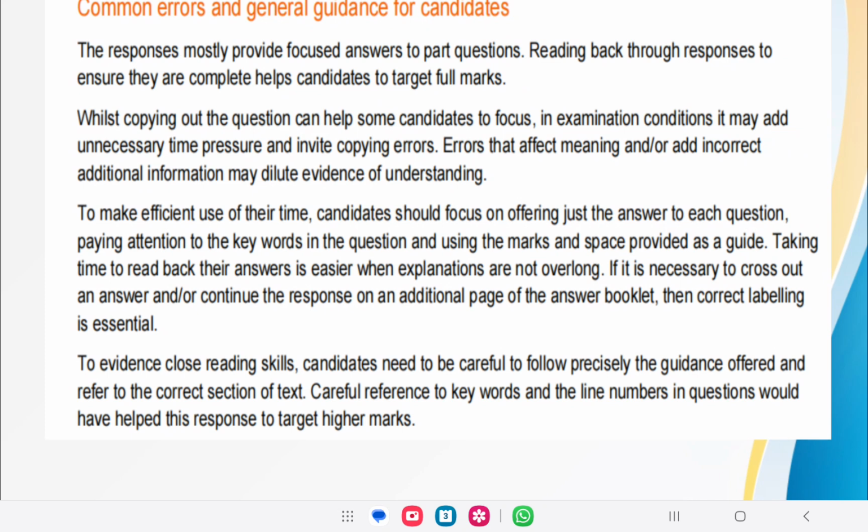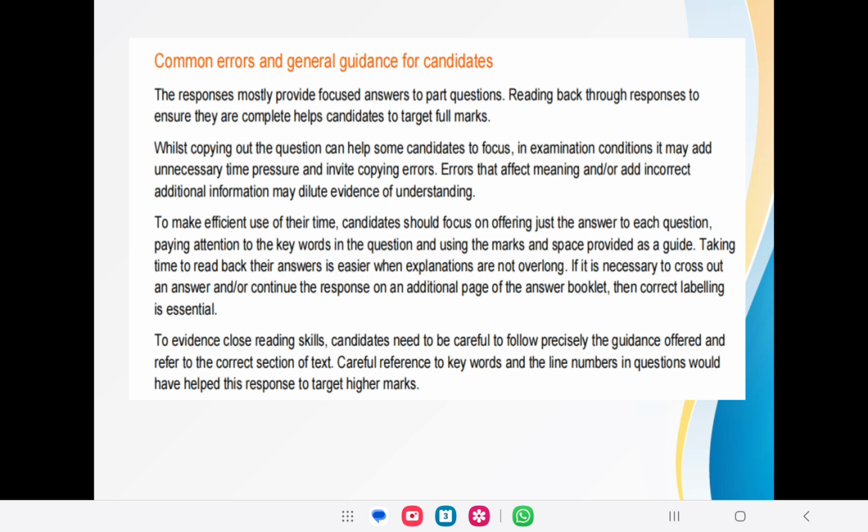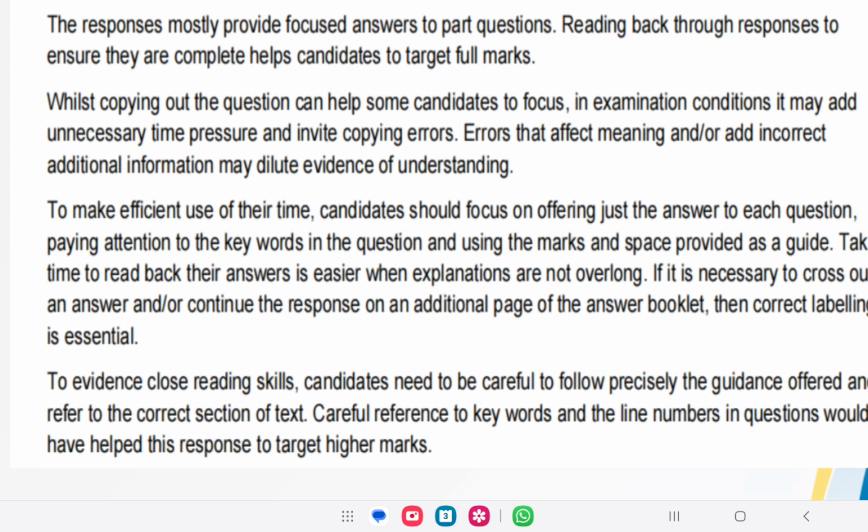That means if you are not clear about this, yes, I want to talk about this next one. This is about all questions, and I want to just talk about this specific question. Okay, that ends here. Now let's read the last part.